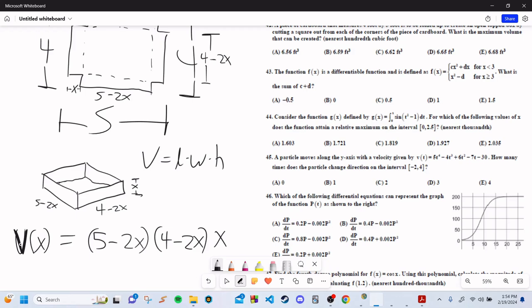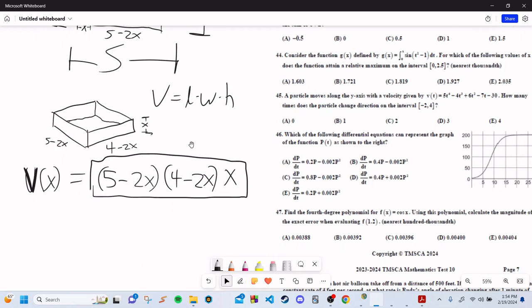If we want to find the maximum volume, well, we've got a function that describes the volume dependent on x. So we're just going to find the maximum of this polynomial. And so you're going to go to your graphs page on your TI Nspire, and you're going to write out this function.